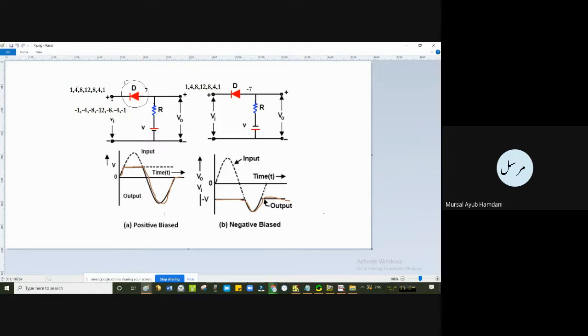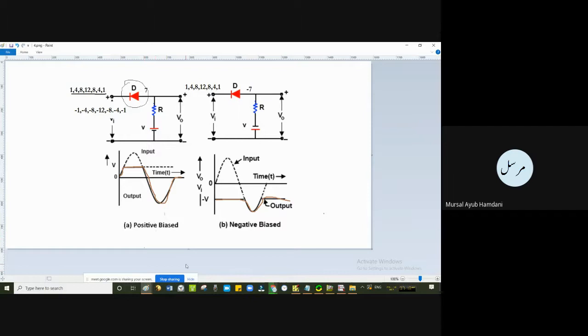Okay, now for the positive half cycle here, I am taking these instantaneous values. That is, the input goes from 1 to 4 to 8, 12, and then back to 0. Positive half cycle. Some discrete values I have taken.